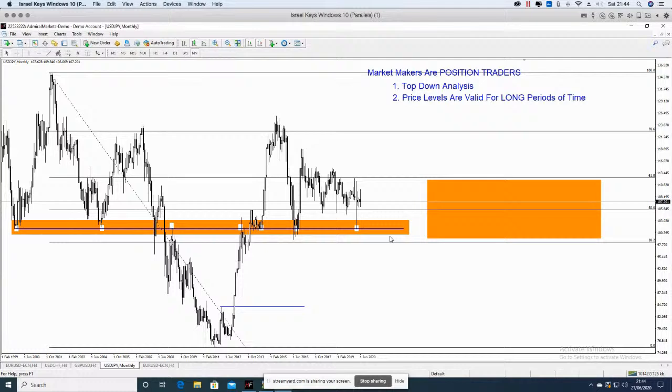This here is in that range. In essence, somebody with deep pockets, or several people with deep pockets, believe that this price point right here is a significant reference point. It's within the fair value zone.